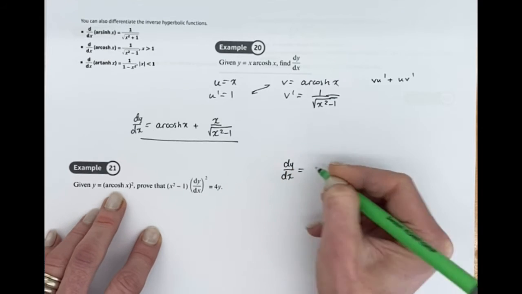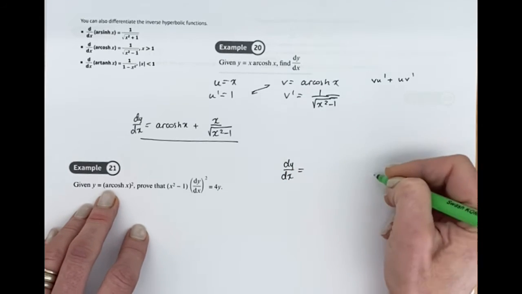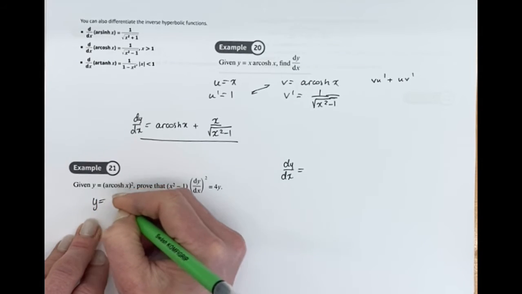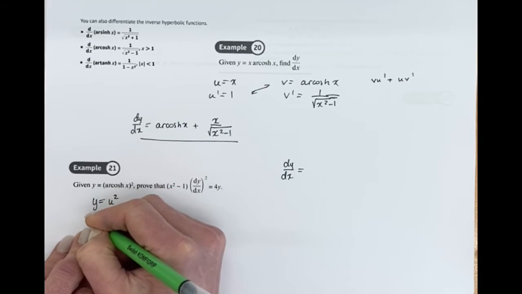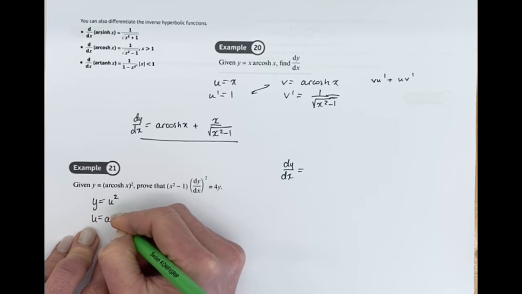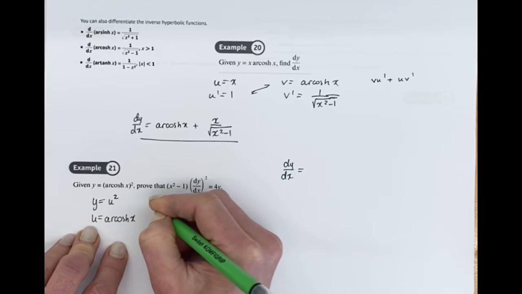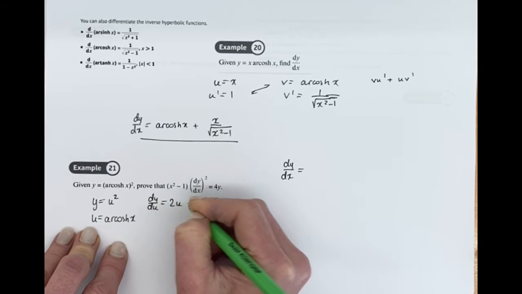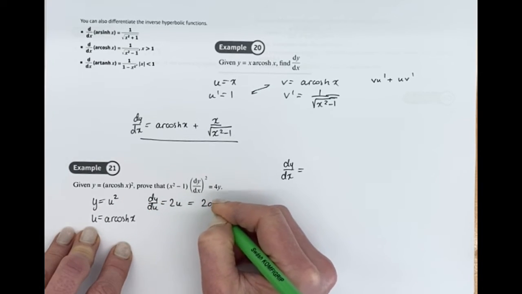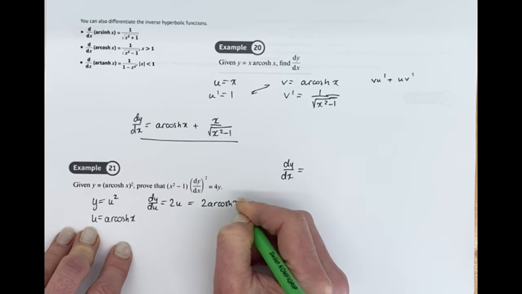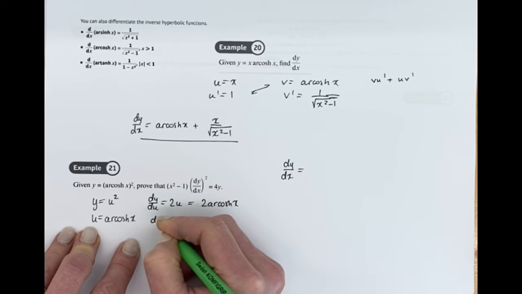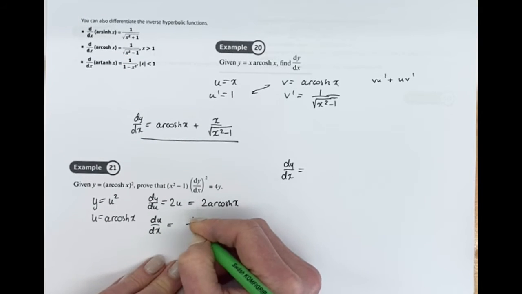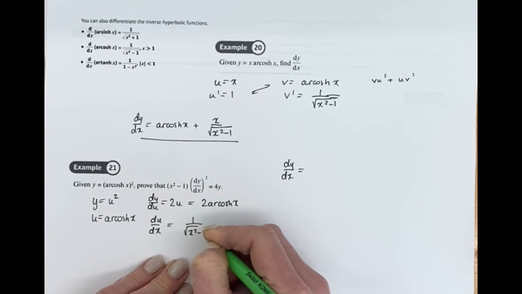If we use the chain rule, we're going to use y equals u squared and u equals arcosh x. So that gives me dy du is 2u, which is 2 arcosh x, and du dx is going to be 1 over the square root of x squared minus 1.